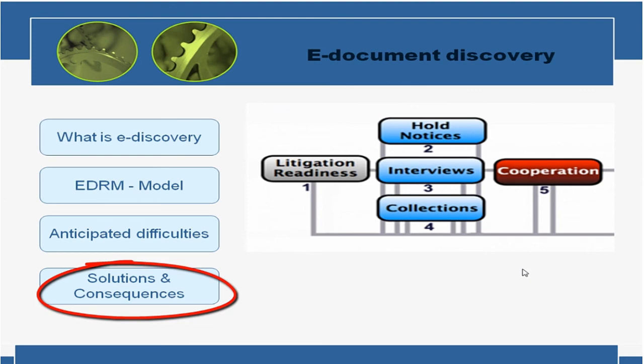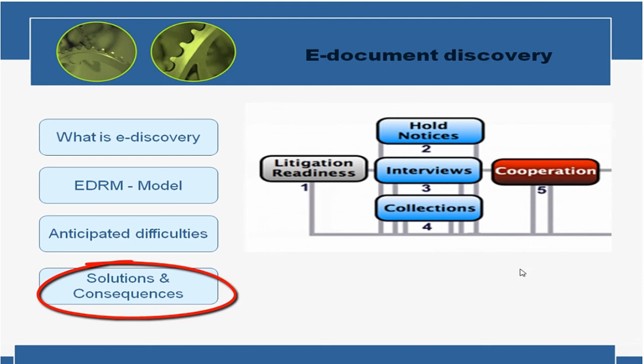But then again, you cannot properly rely on these grounds if you have not conducted a meaningful ECA, early case assessment, and early data assessment program. So it is important that you undergo those properly, the ECA and EDA program, before the cooperation stage.